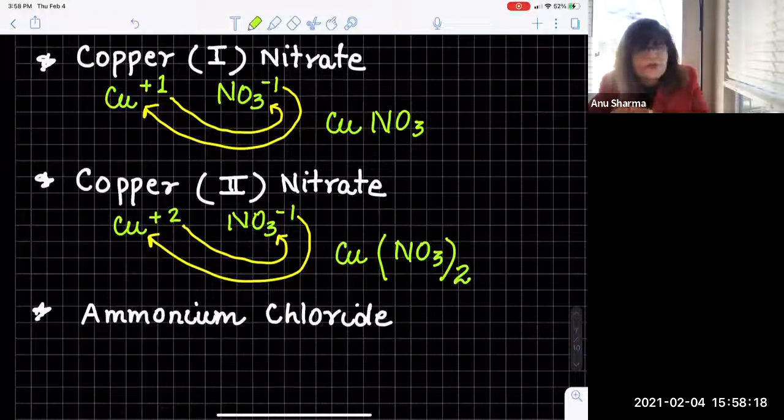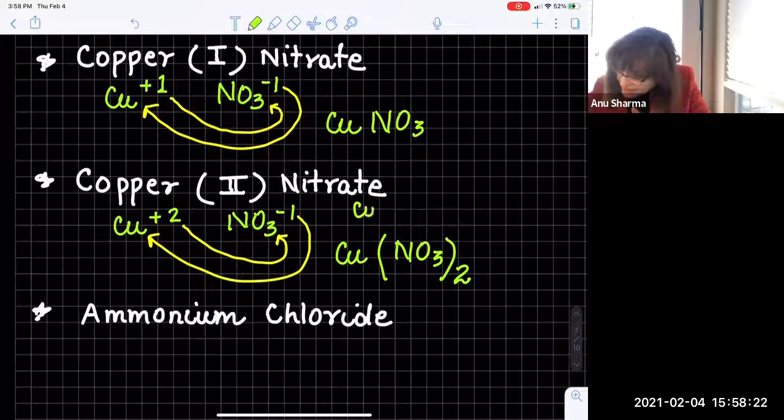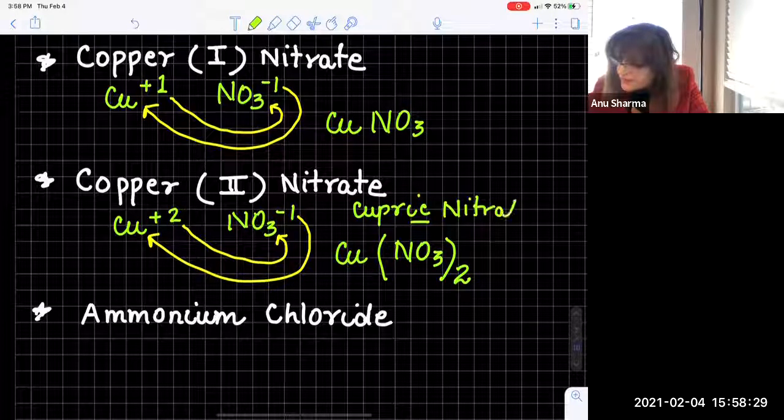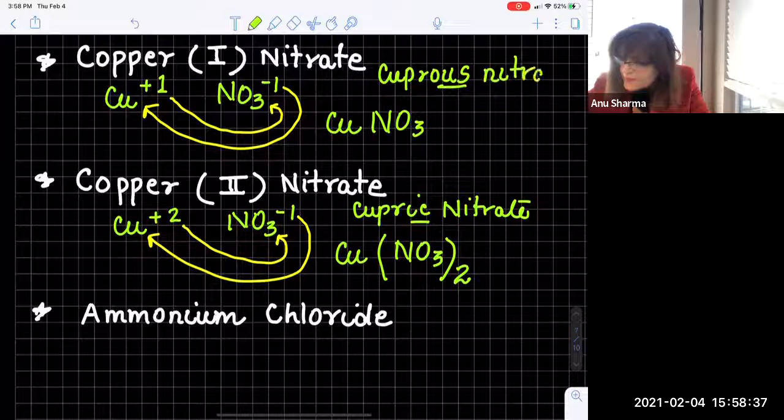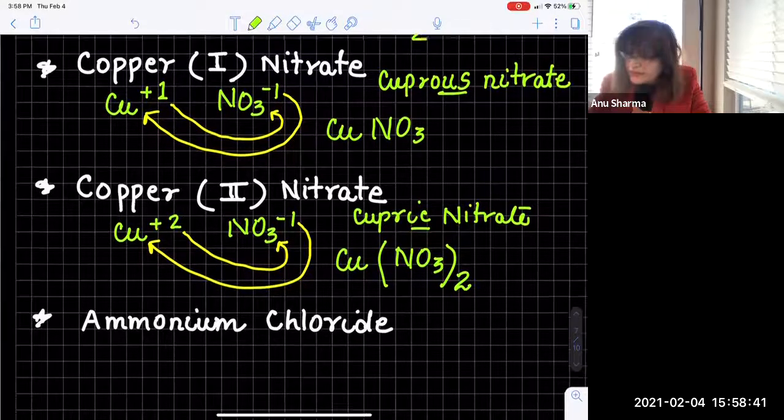So this is the formula for copper 2 nitrate. This name is also cupric, higher oxidation state, cupric nitrate. And the top one which we did here was cuprous nitrate. Okay, cuprous nitrate and cupric nitrate.